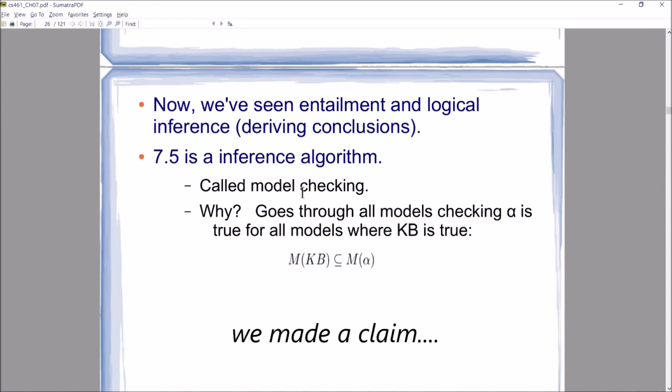We're making some statement about the possibilities. So what is this known as? This is called model checking, right? Because you go through all of the models and you see if your sentence is true for all of the models or your knowledge base is true.